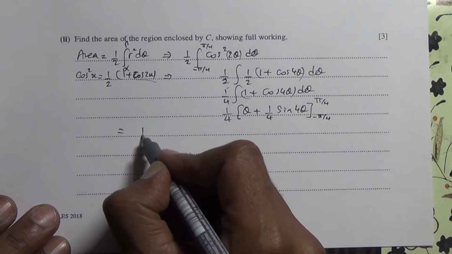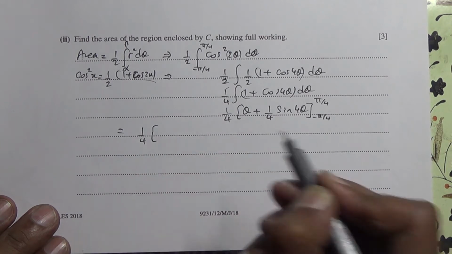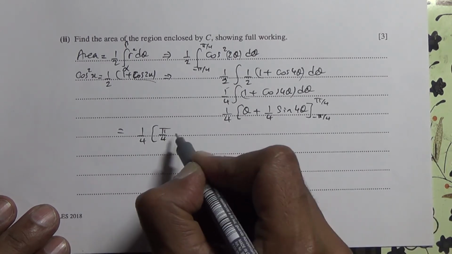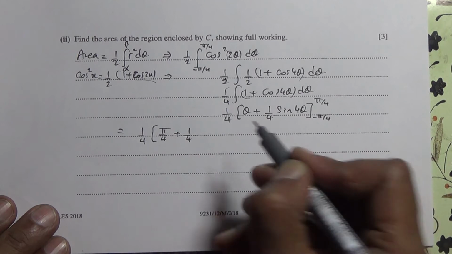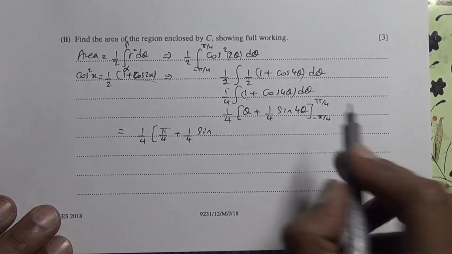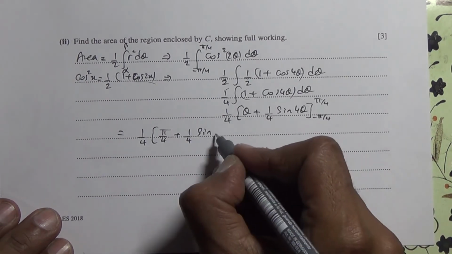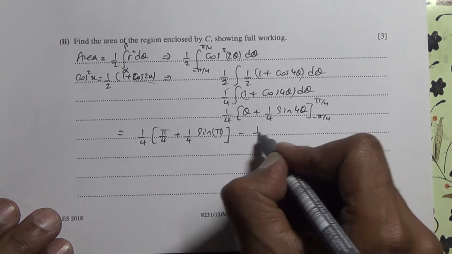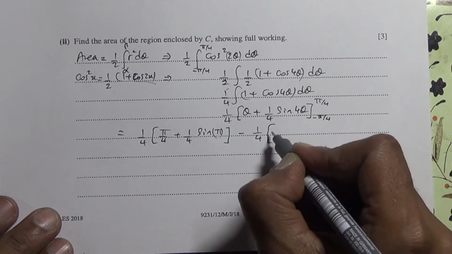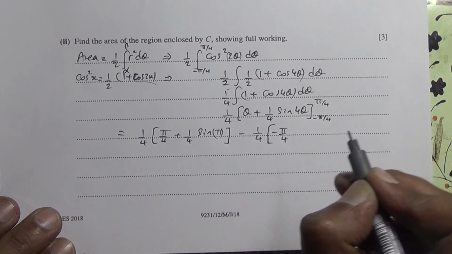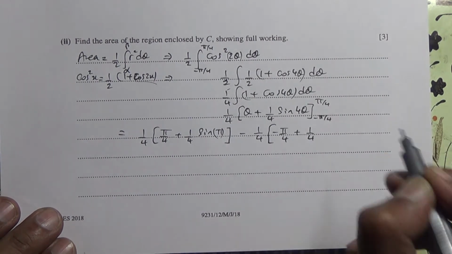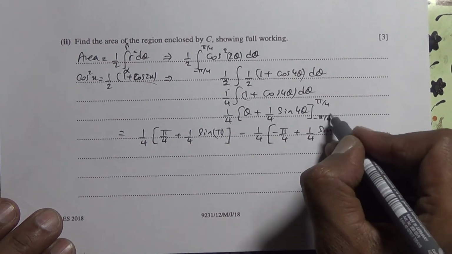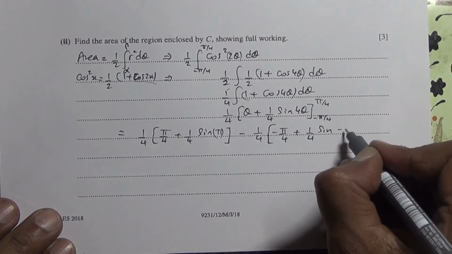You just have to say 1/4 into pi over 4, plus 1/4 sine of pi over 4 times 4, which is basically pi. Okay, subtracting 1/4 again, and here you've got negative pi over 4, plus 1/4 sine of negative pi over 4 times 4, which is negative pi.